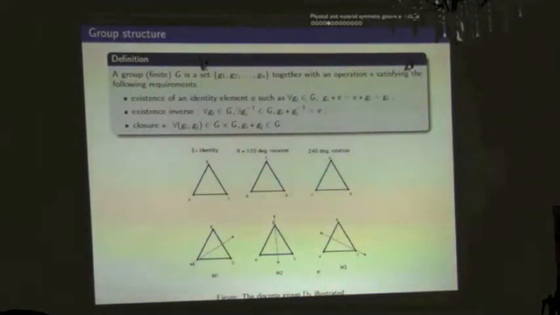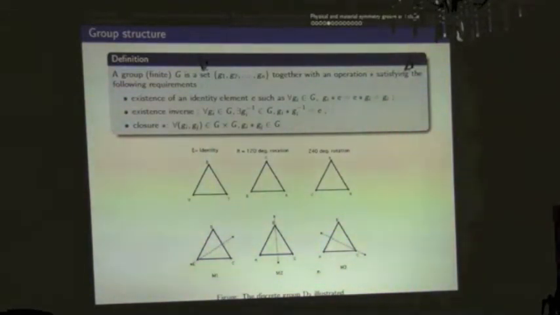So here I just recall what the axioms of a group are. Here the definition is given for a set of discrete elements, but in practice we will move to a continuous group of transformations. But the idea is strictly the same.